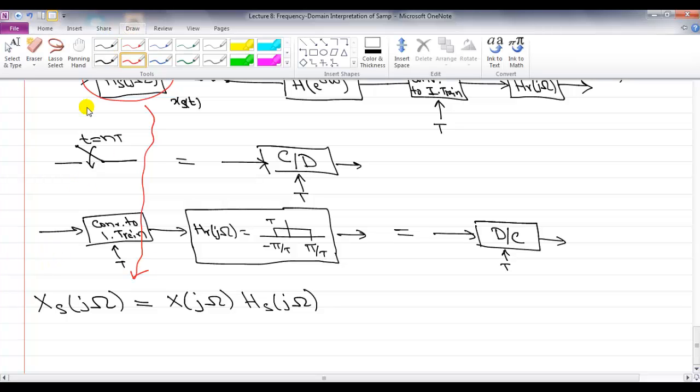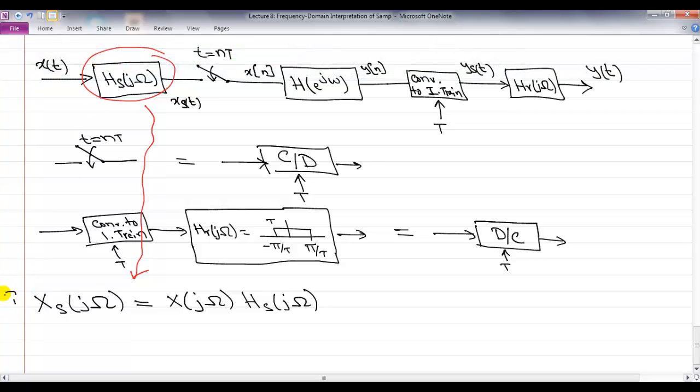Let's now ask what happens after that. So this is the first block. The second block is this sampling operation. We have just done that. What's the relationship between the input and output of this sampling operation?